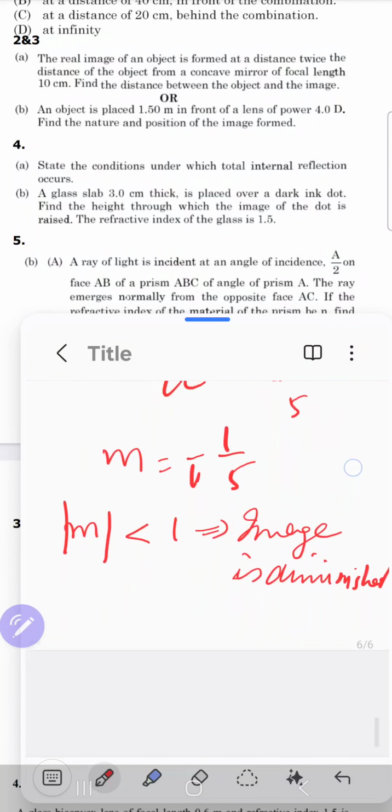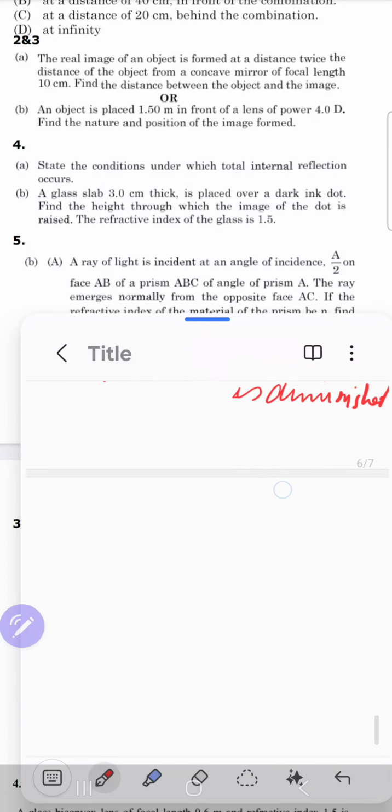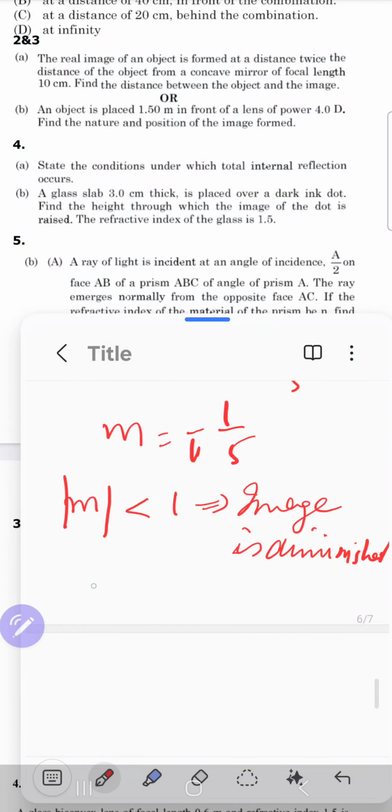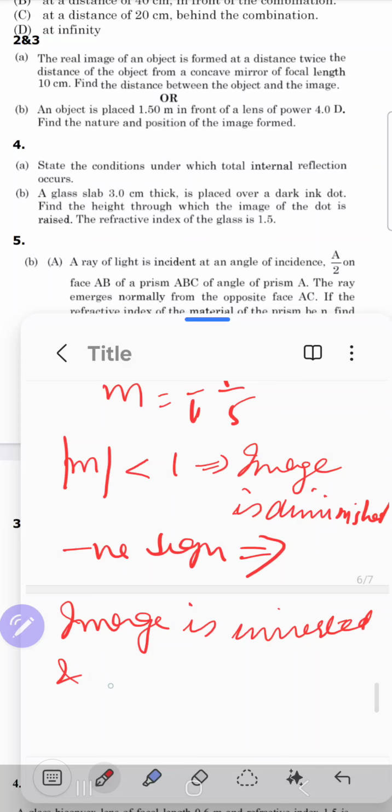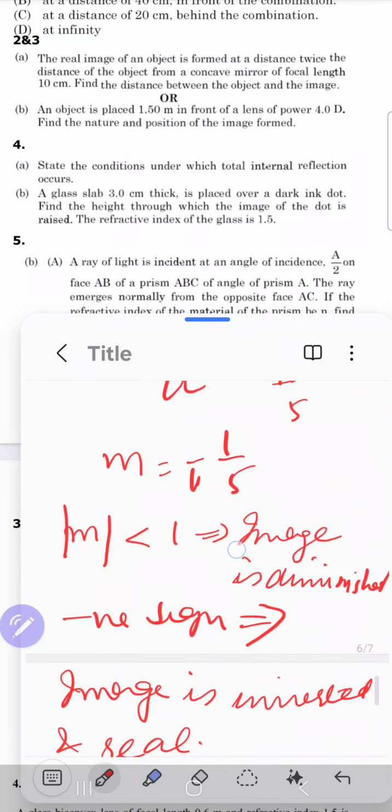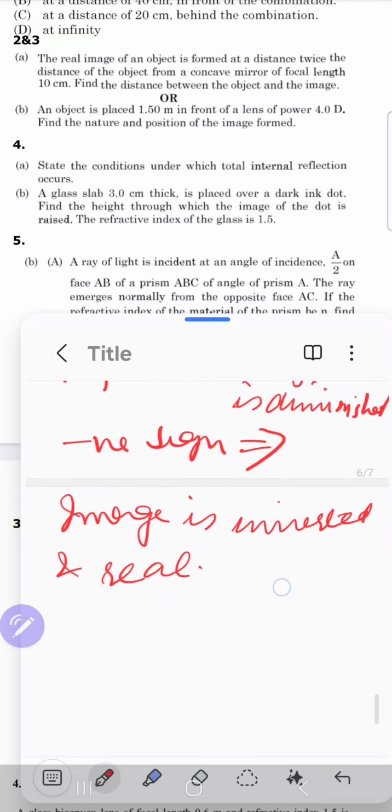And the negative sign shows that the image is inverted. And we know that inverted images are always real. So this was our question number 3.